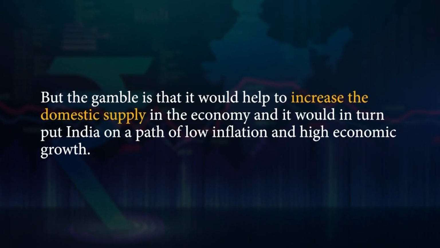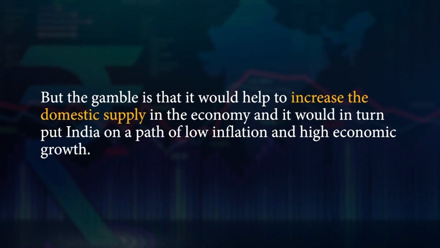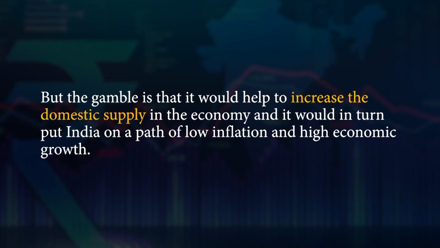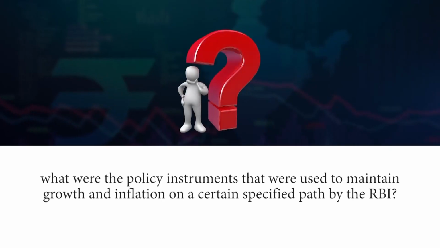But the gamble is that it would help to increase the domestic supply in the economy, and it would in turn put India on a path of low inflation and high economic growth. So this was a gamble which the government really played at that point of time. Thus, under the era of development planning, the goal was development, while inflation had an overall secondary role to play.